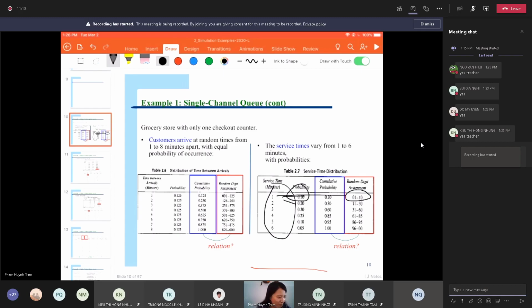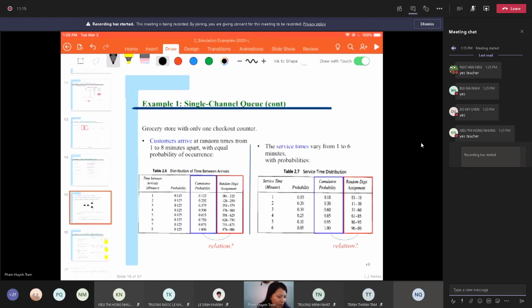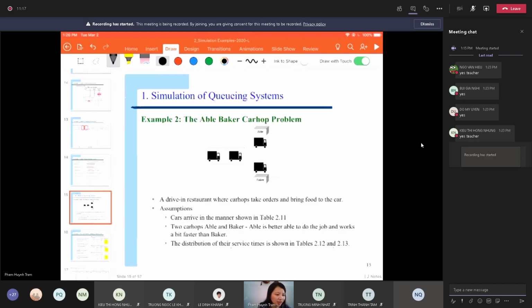Okay, so the next example is a little bit more complicated queuing system. Instead of a single channel queue, we look at a queue which has two servers. Here in this system, we have one queue and two servers.